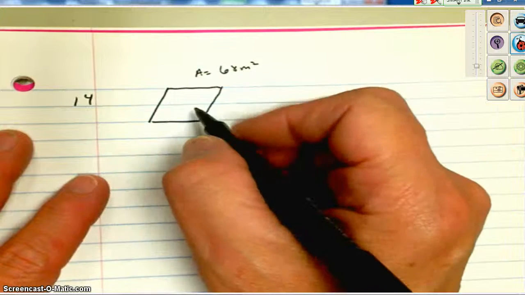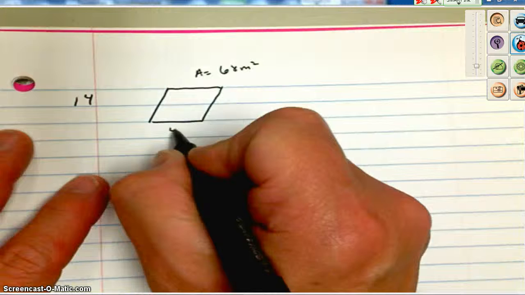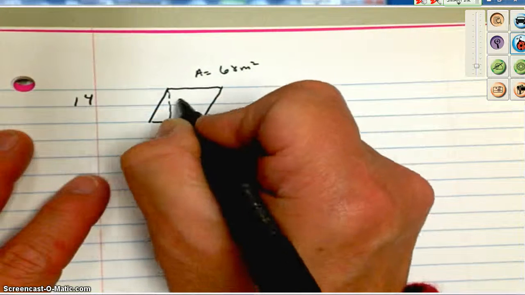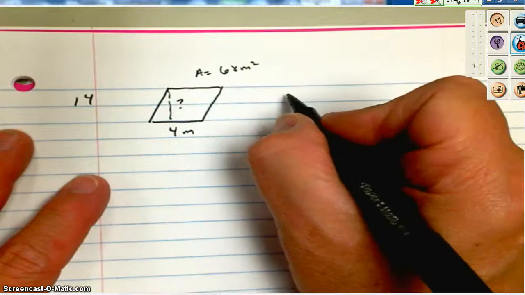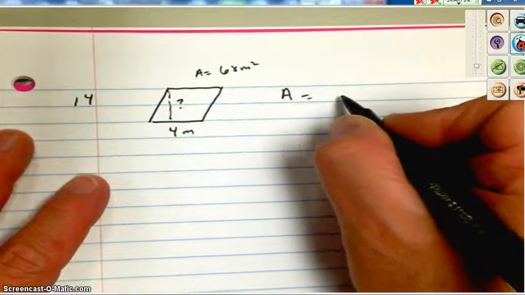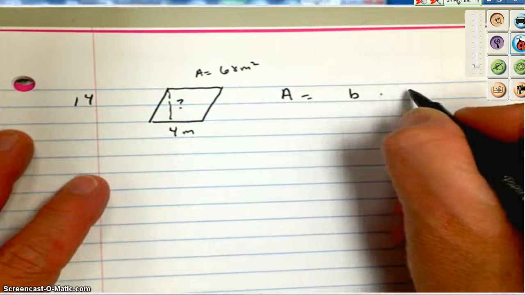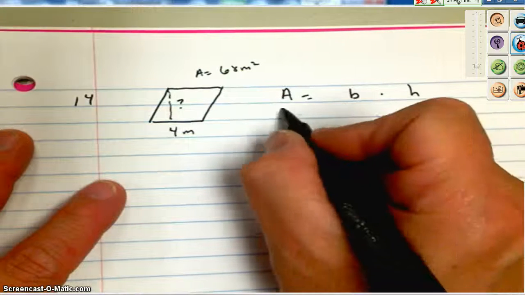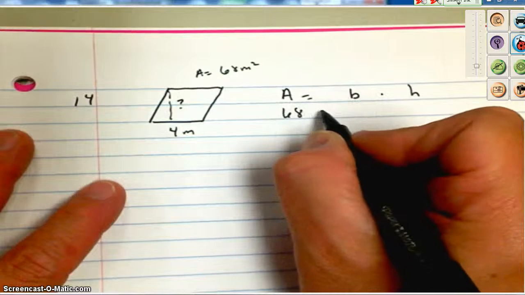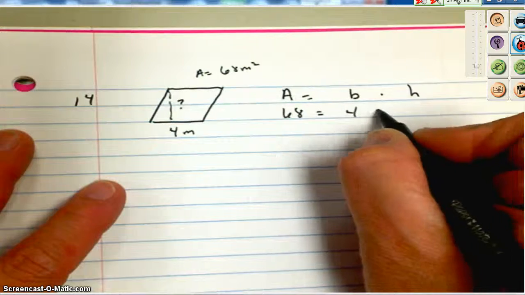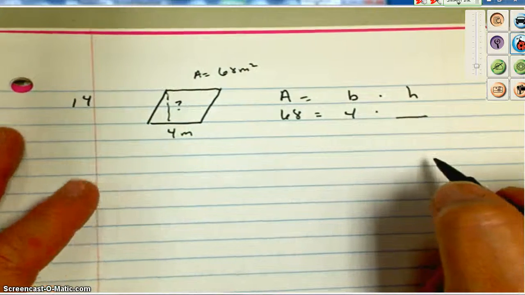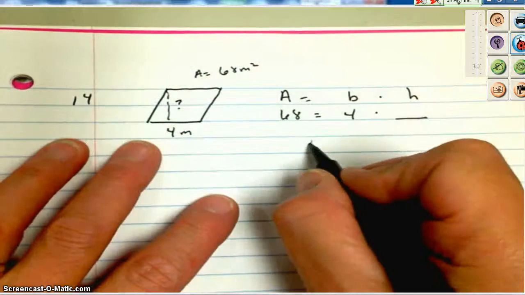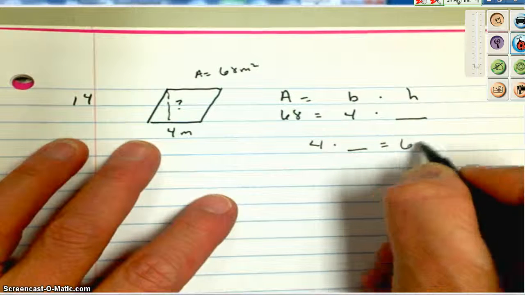And then we said that the base is 4 meters, but what we don't know is the height. So our formula is area is equal to base times height. We already know our area, 68, and we know our base is 4, but we don't know our height. So 4 times what is equal to 68?